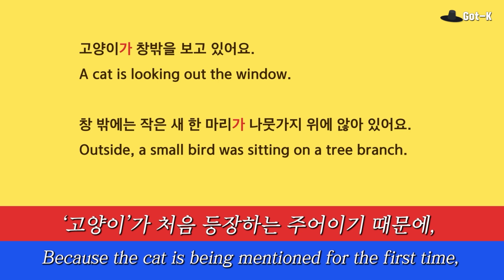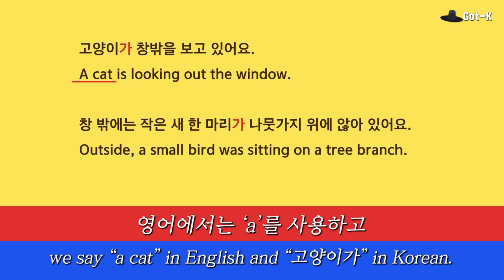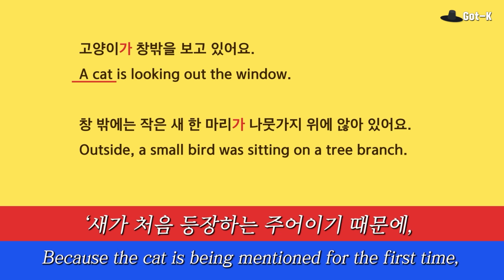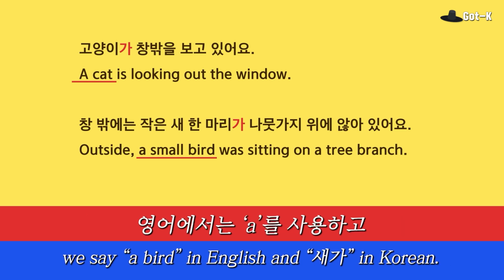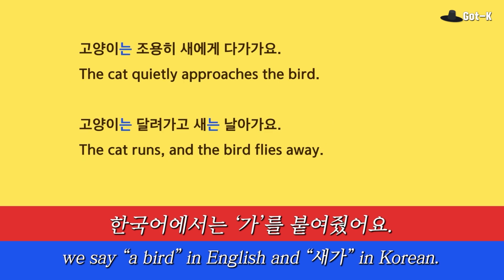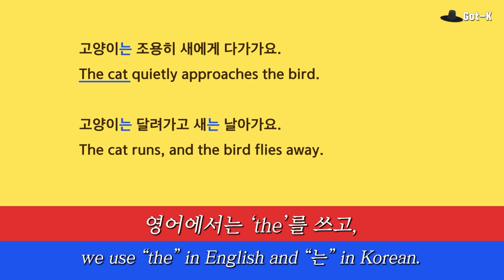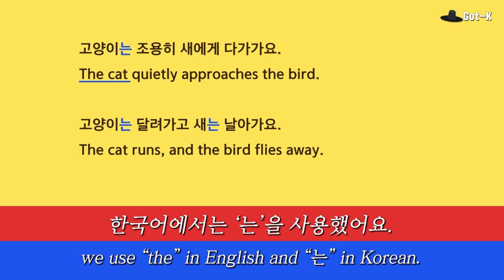Because the cat is being mentioned for the first time, we say a cat in English and 고양이가 in Korean. Because the bird is being mentioned for the first time, we say a bird in English and 새가 in Korean. Since the cat was already mentioned earlier, we use the in English and 는 in Korean.